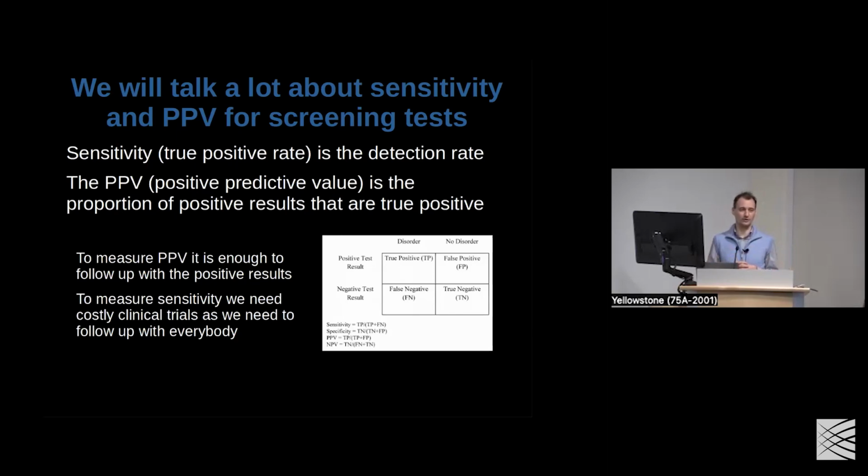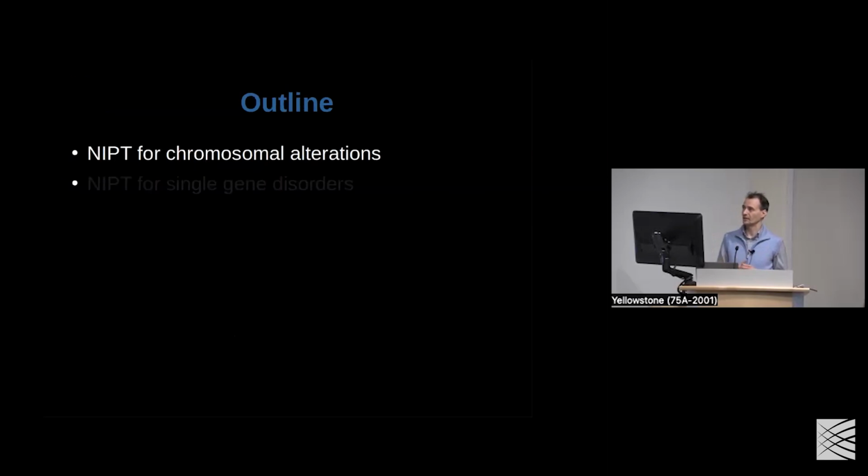You have to figure out a ground truth, who has a given condition, and then see how your screening test performs. And so you need clinical trials to do that. It's especially difficult for conditions that are very rare, because to assess the sensitivity, you need to find a lot of cases in your cohort.